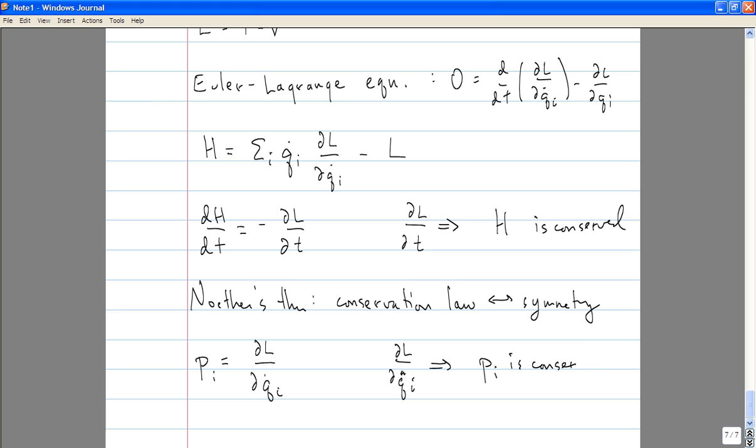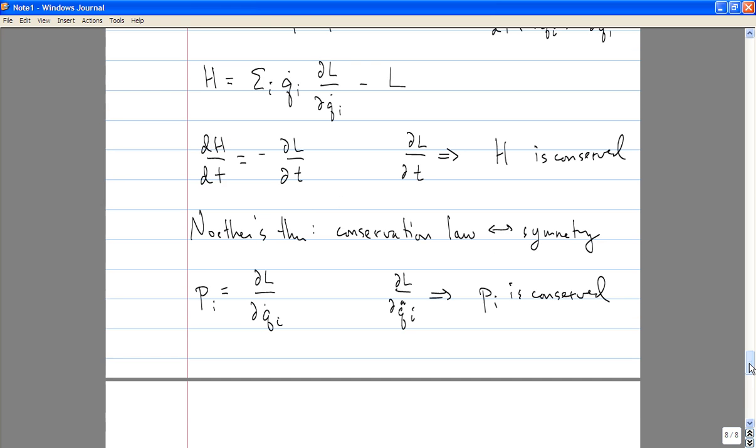And so this generalized notion of momentum conjugate to a dynamical variable q was a very general concept which encompasses both linear momentum, which is conserved if you have a linear translation symmetry, as well as angular momentum, which is conserved if you have a rotational symmetry.